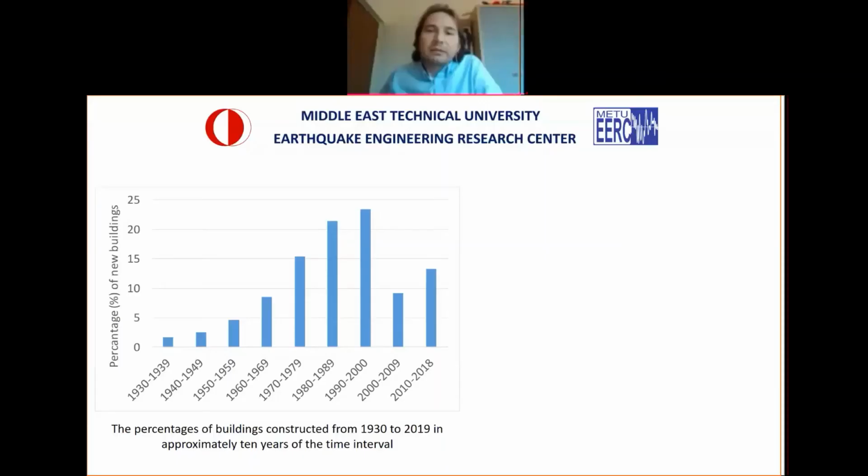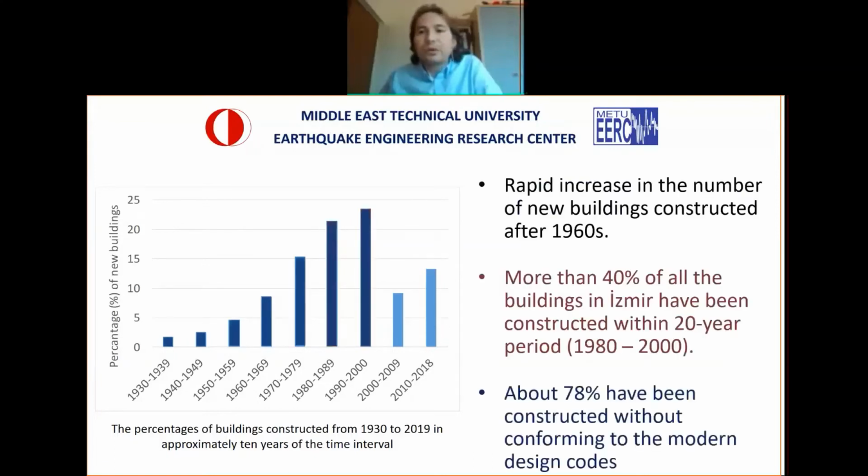Note that more than half have been constructed in the 20-year period from 1980 to 2000. And actually, about 78% of the building stock has been constructed before 2000, so they can be assumed to be without conformation to the modern design codes.